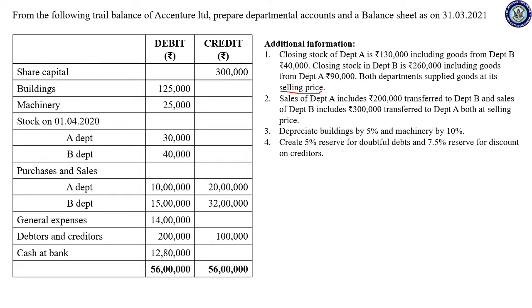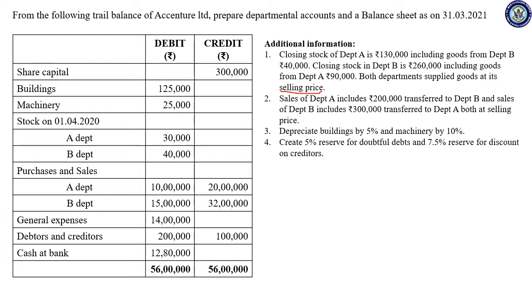But in this problem, they transferred at selling price, means they have added the profit. So what you have to do, you have to remove the profit, means you have to prepare a general profit and loss account. Okay, if it is cost price, then there is no need of preparing a general P&L account, because there is no question of adjusting the reserve, right?